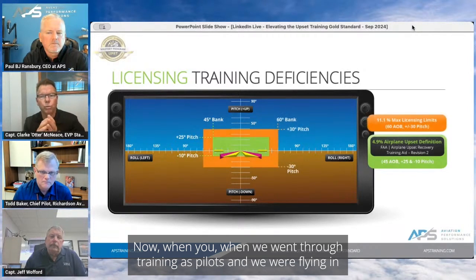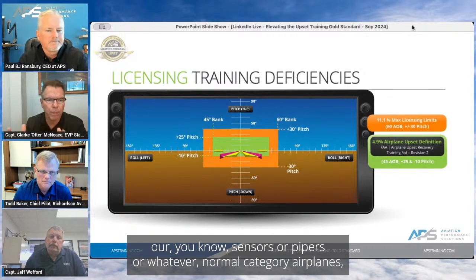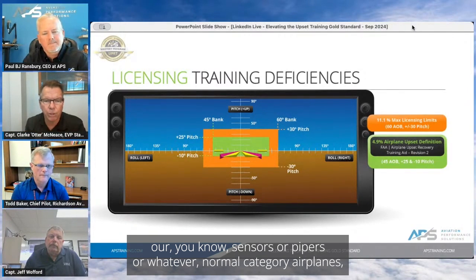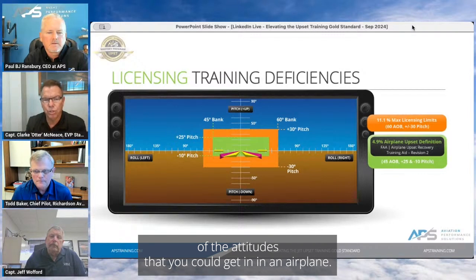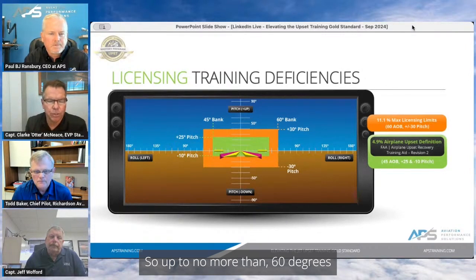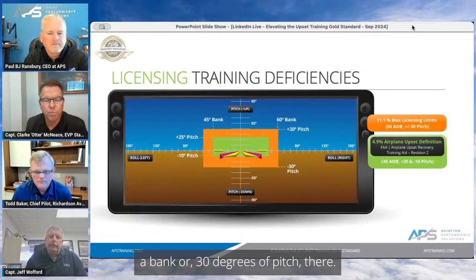Now, when we went through training as pilots and we were flying our Cessnas or Pipers or whatever normal category airplanes, we were only able to explore an additional 6% of the attitudes that you could get in an airplane. That's up to no more than 60 degrees of bank or 30 degrees of pitch.